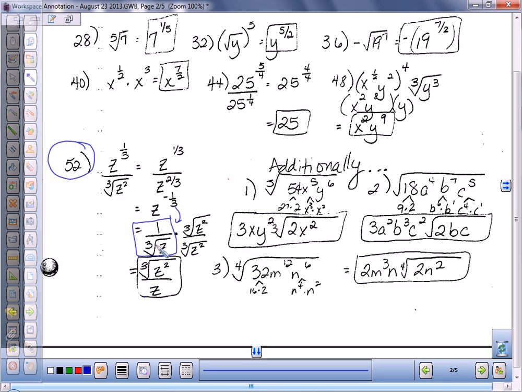Now, if I had right here just said, all right, this is cubed root, this is cubed root, cubed root of z over cubed root of z squared. Since they're both cubed root, do you see I could write it as the cubed root of z divided by z squared?